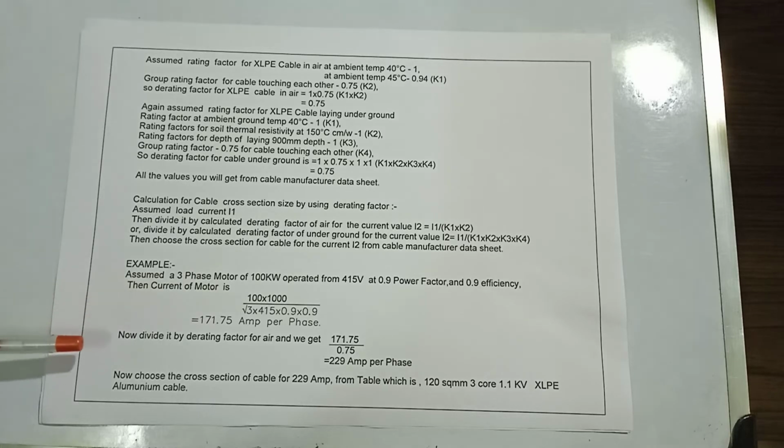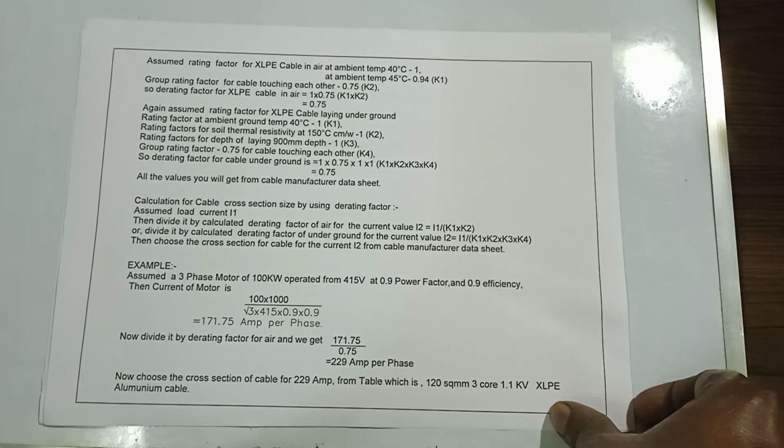Now divide it by derating factor for air: 171.75 divided by 0.75 is equal to 229 ampere per phase. Now choose the cross section of cable for 229 ampere from the table, which is 120 square mm, 3 core 1.1 kV XLP aluminum cable.